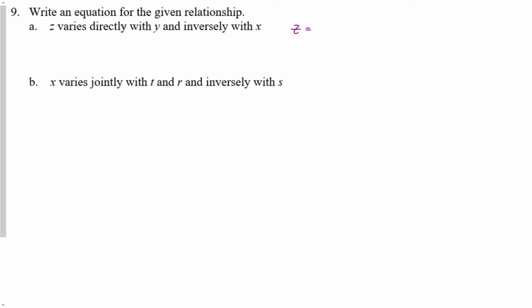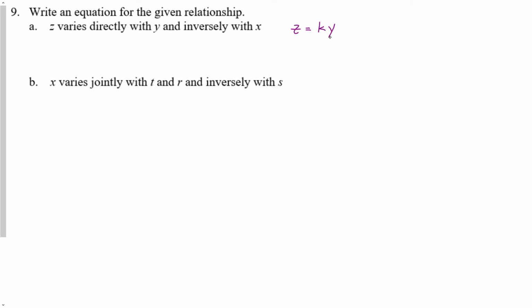And now since it's directly, I know that that is my constant of variation times the variable. So in this case, that variable I'm told is y. So I would have z equals k times y, and that's what I get from just the first half where it says z varies directly with y.